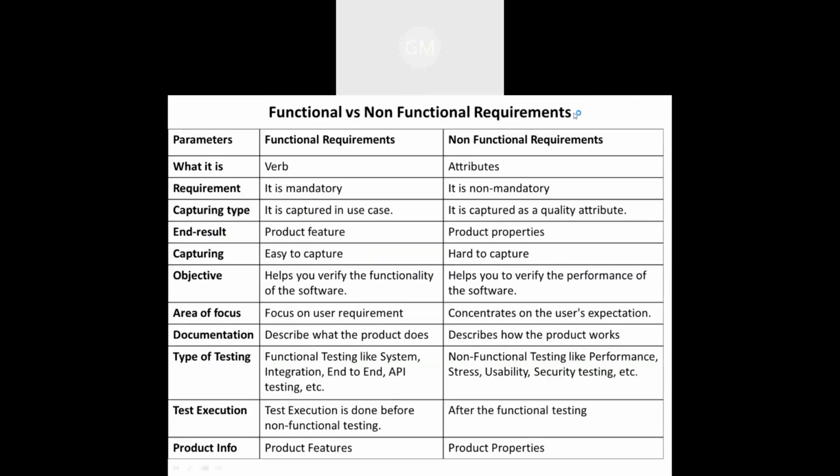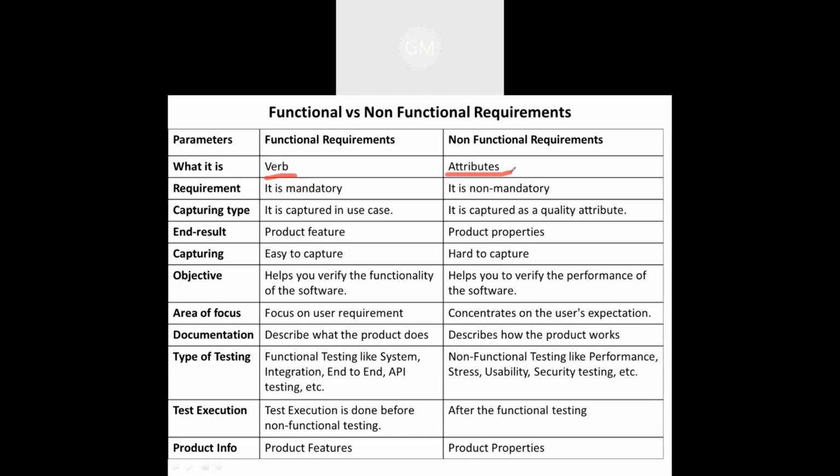Okay, next we will see the difference between functional and non-functional requirements, which is represented in terms of this table, where functional and non-functional requirements are given. The first parameter is that a functional requirement represents a verb and a non-functional requirement represents the attributes.